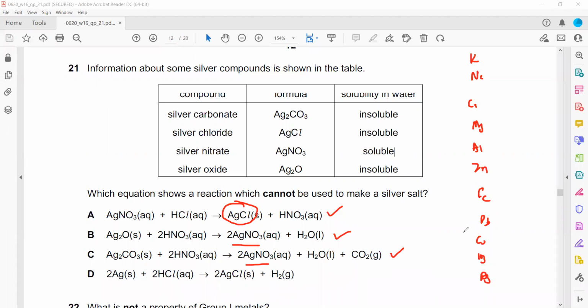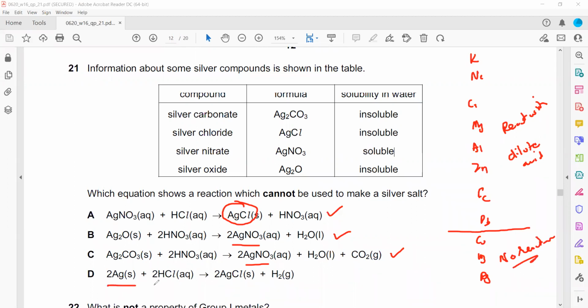So elements which are above lead can react with dilute acids. And in the lab, we use dilute acids, so they can react with dilute acid. But copper, mercury, silver, there is no reaction with acid. They don't react with acid.